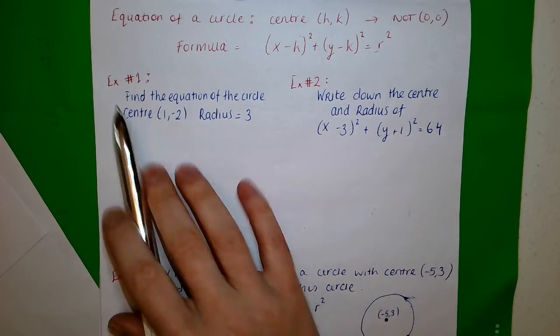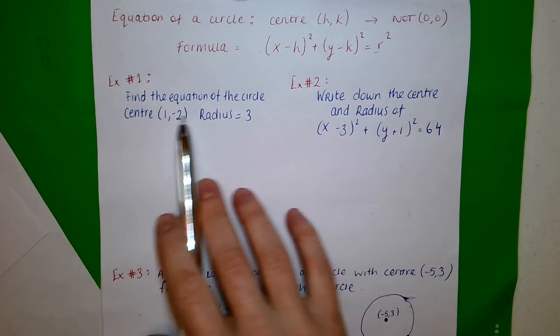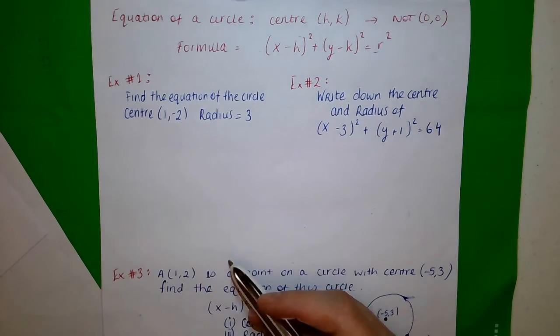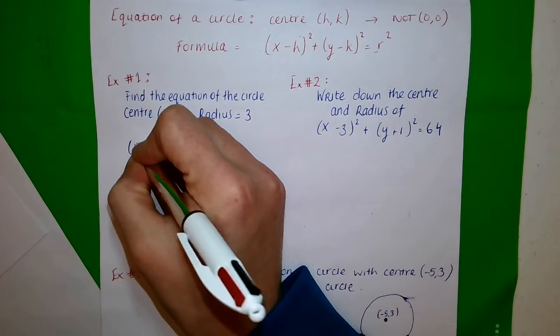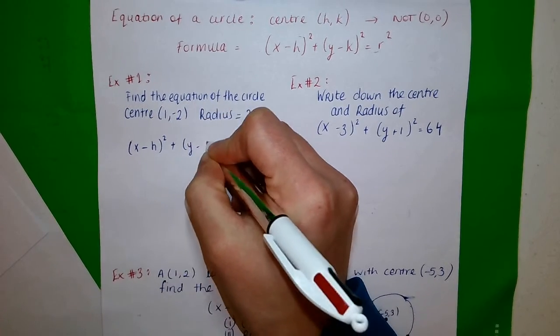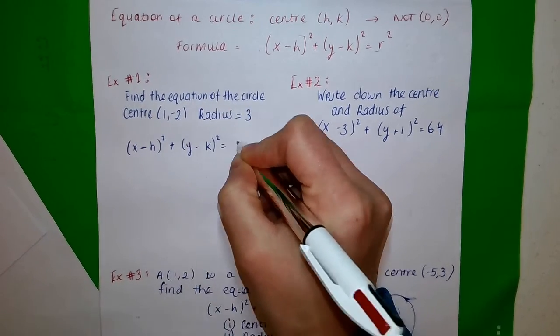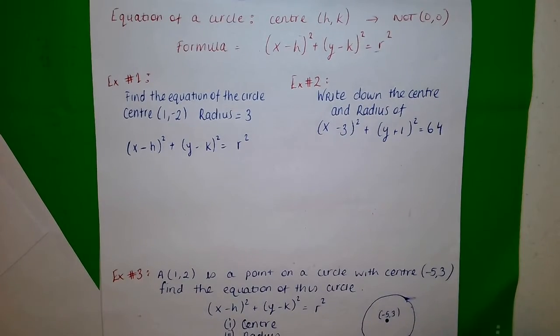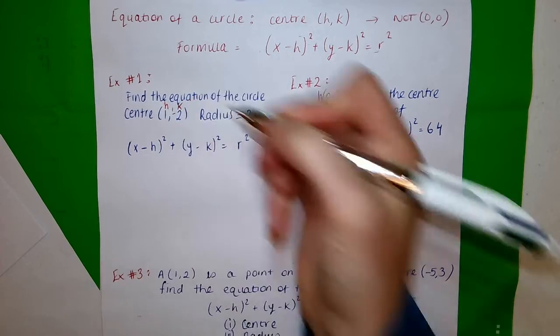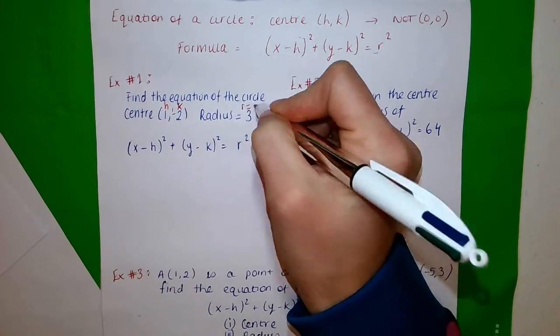So the first example says find the equation of the circle with centre (1, −2) and radius 3. Our formula is (x − h)² + (y − k)² = r². We have been given our centre, so we label our centre (h, k), and our radius is equal to 3.